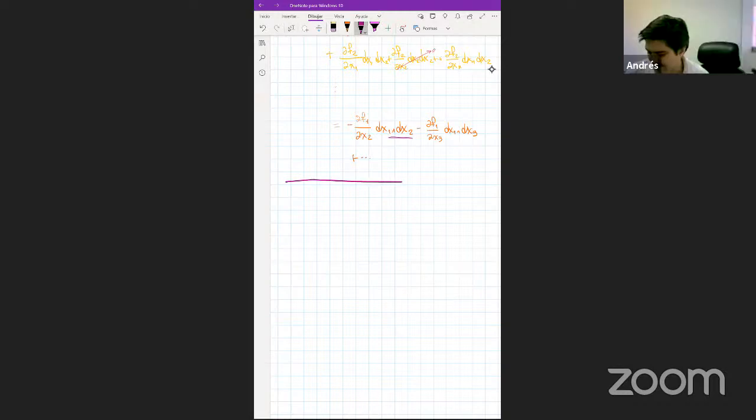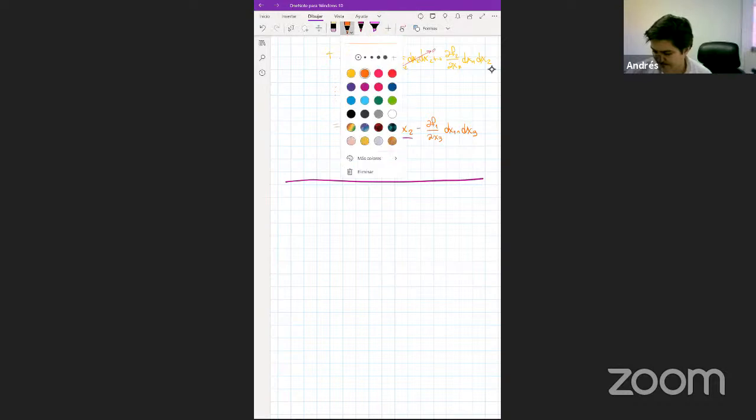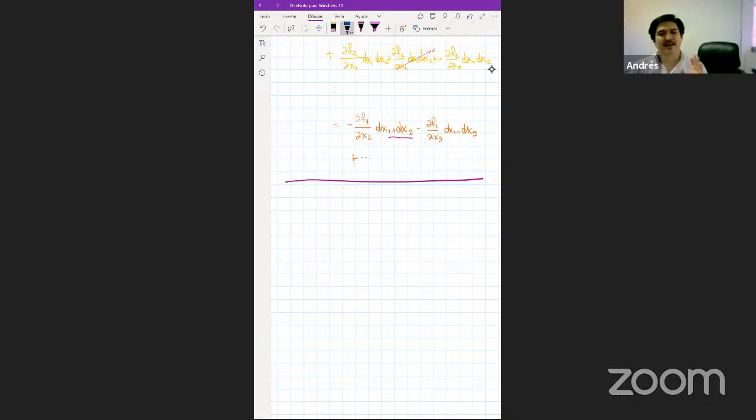Yeah, but basically that phenomenon that you are noticing here is not related to the differential. It is related to the wedge product.